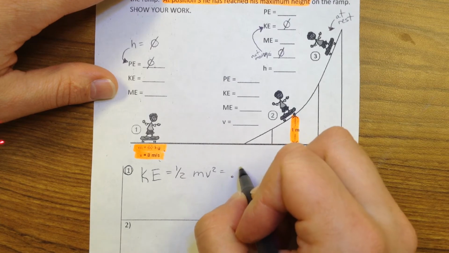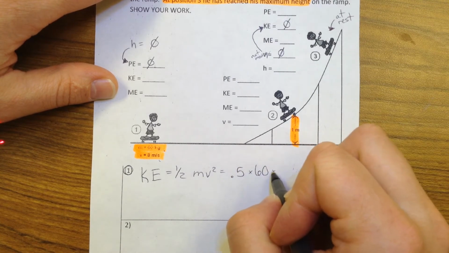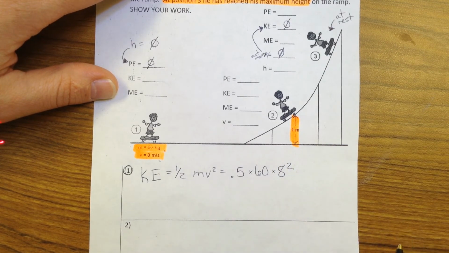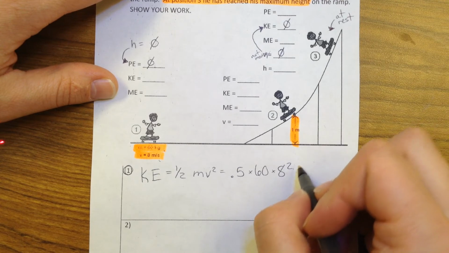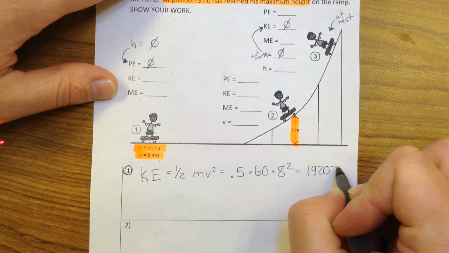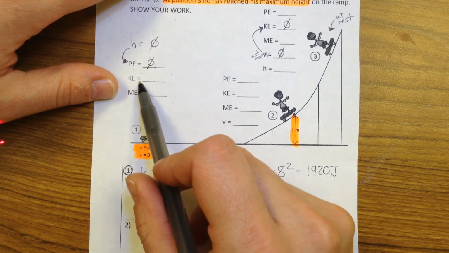So when you put it into the calculator, 0.5 multiplied by the mass of 60 multiplied by a velocity of 8 squared. Don't forget to square it. That value is 1920 joules. So that is the kinetic energy at position 1.